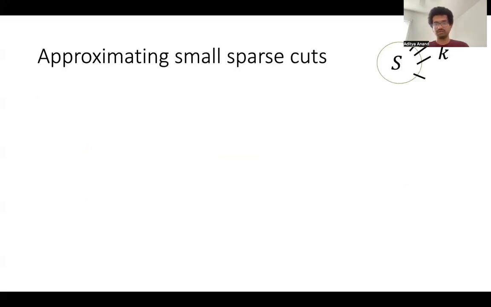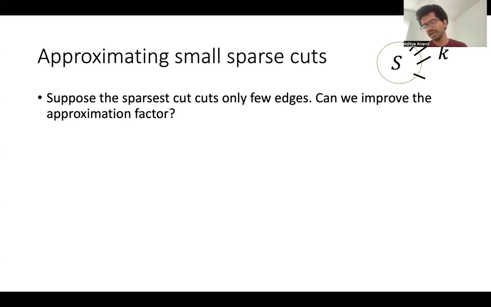Now let me talk about what our problem is. We consider the problem of approximating small sparse cuts. The idea behind this was from a thought experiment: suppose the sparsest cut cuts only a few edges. Then can we improve the approximation factor significantly compared to square root log n?